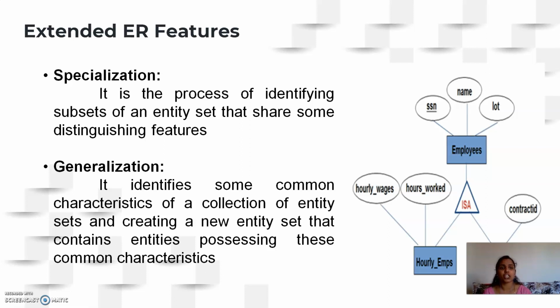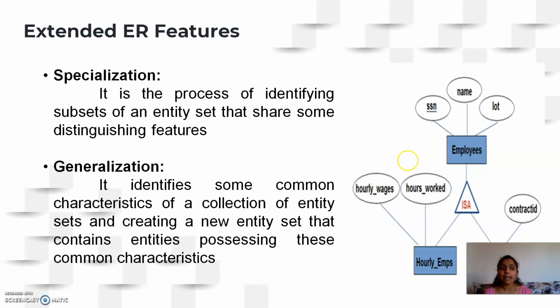For example, for specialization, if you consider employees as an entity, employees will have the SSN (social security number), name, and the place where he is working. But along with this, they will also have some distinguishing features depending upon the nature of their work. First, suppose the employee is an hourly employee.